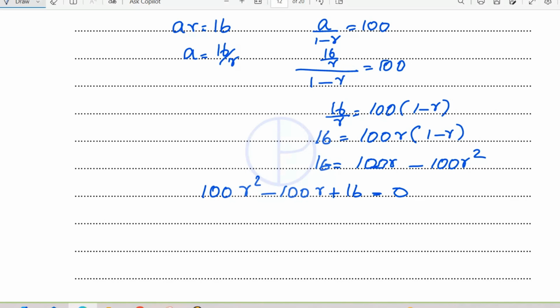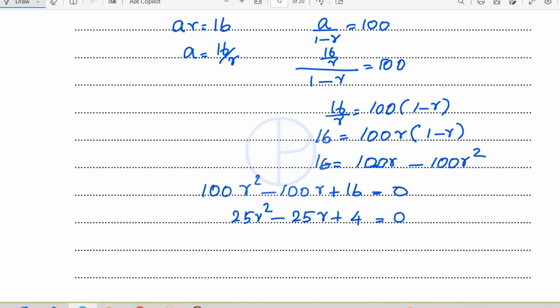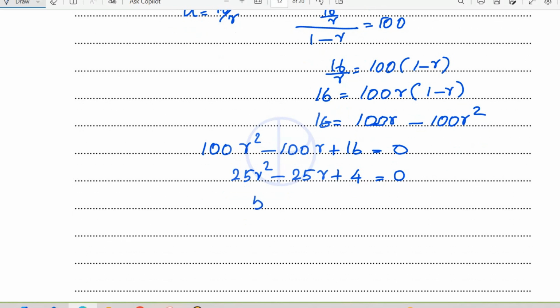To factorize this one, first let's divide the whole term by 4. So 25r square minus 25r plus 4 is equal to 0. So 5r minus 4 multiplied by 5r minus 1 equal to 0.